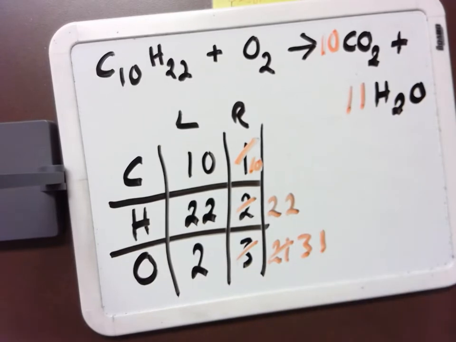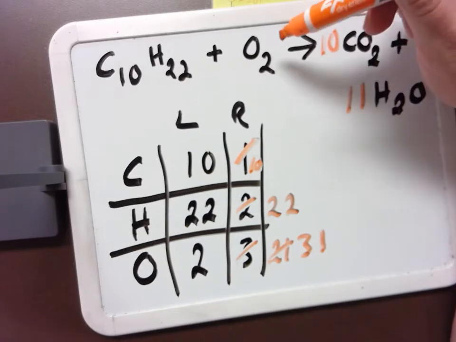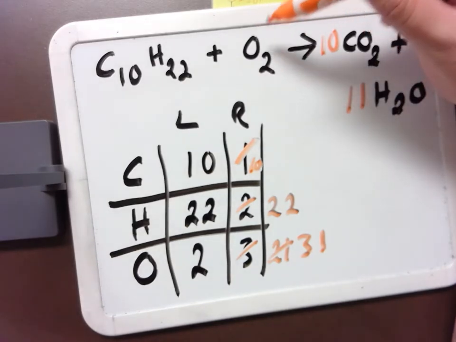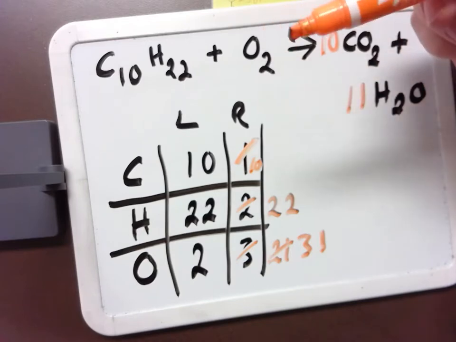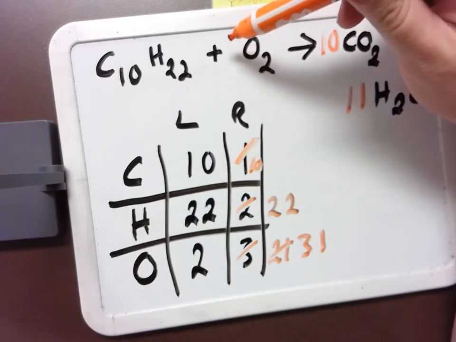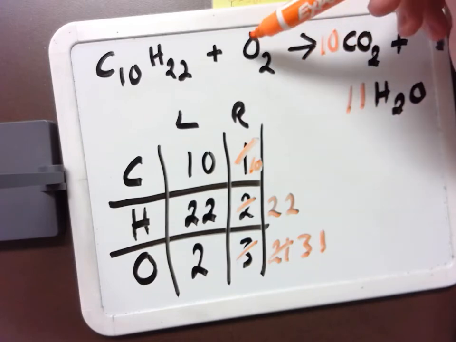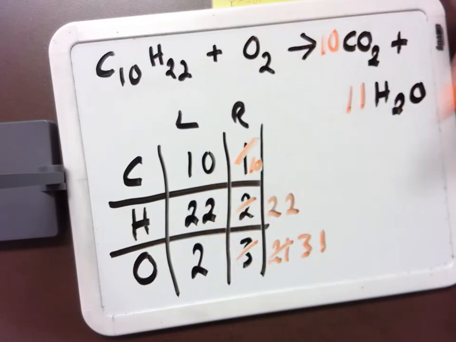What are we going to do? We have to figure out a way to get this to balance out. We have 2 on this side, but there's no number we can multiply. We can't do halves. We can't multiply this by 15.5 in order to equal our 31. So we have to get these to balance out.